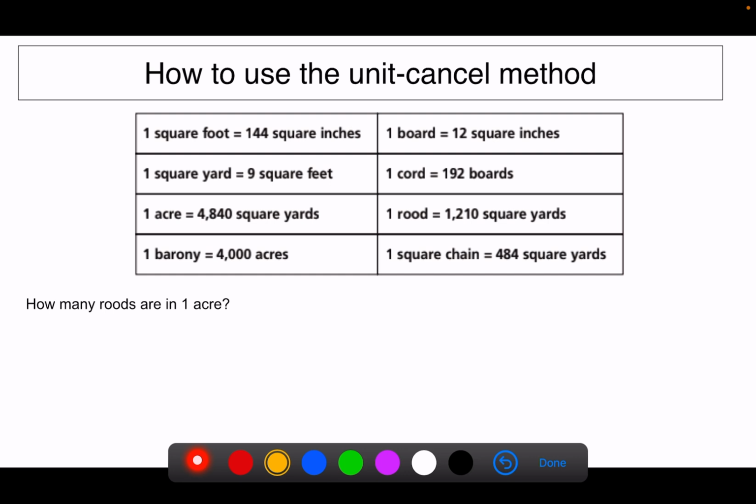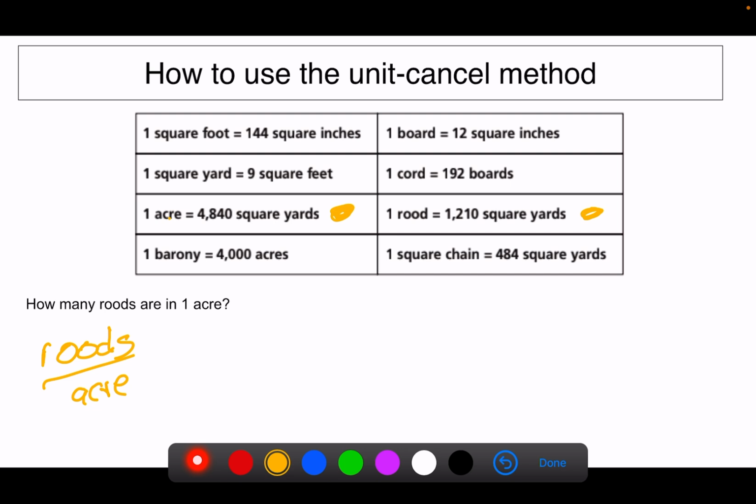Here we go. Roods per acre, so we want roods over acre in units. Okay, so that means we have given up here, we're going to use this one, rood per square yard, and we're going to use square yard per acre, this one, because then we can go from rood to acres.